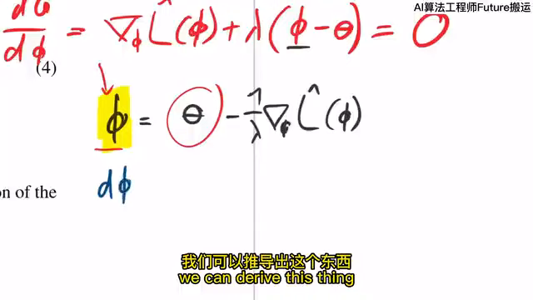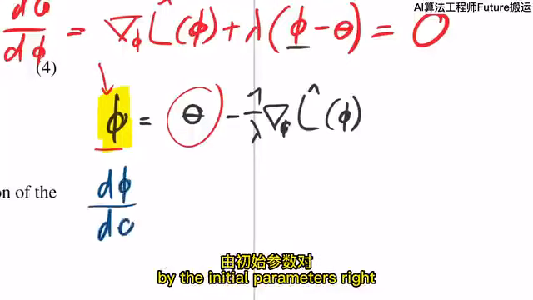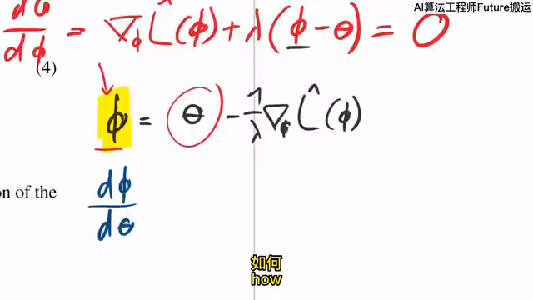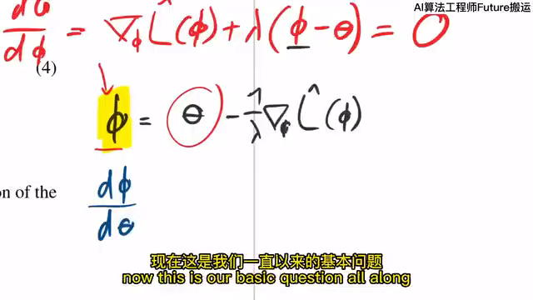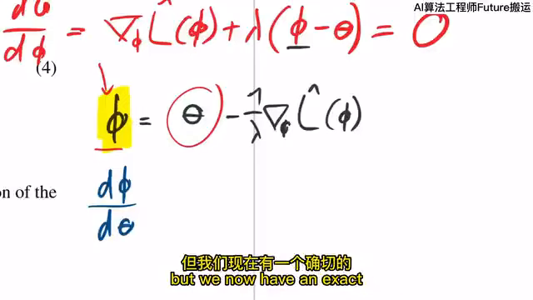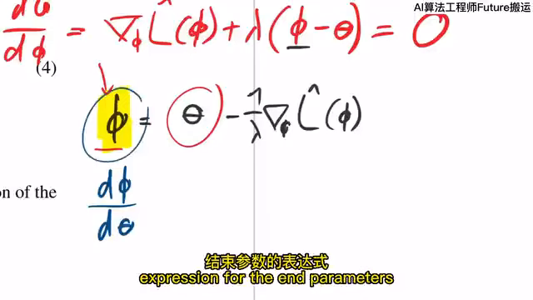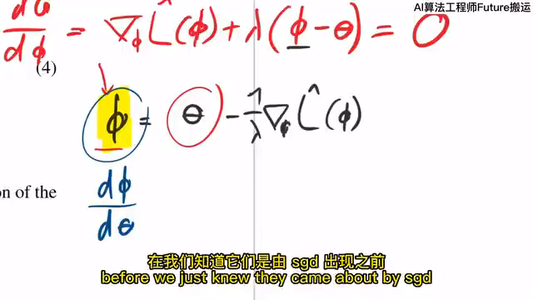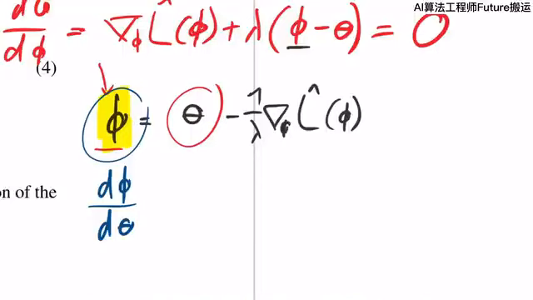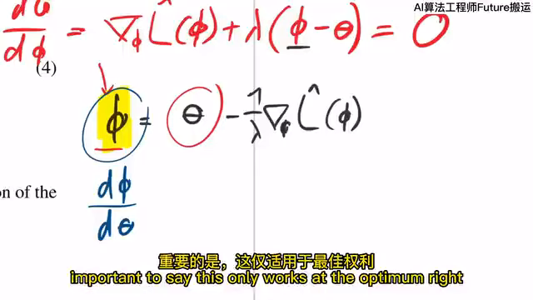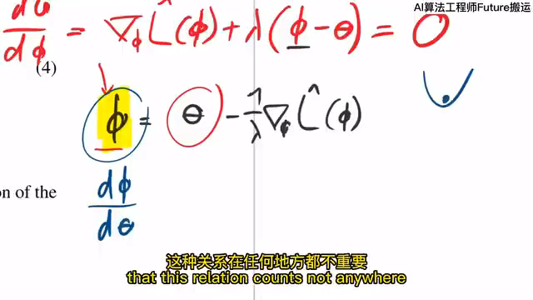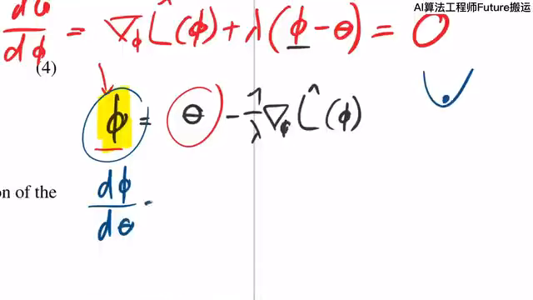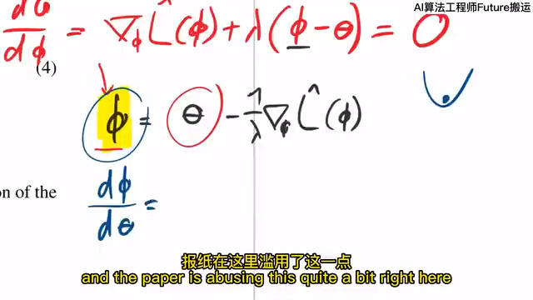How do the inner parameters relate to the initial parameters? This is our basic question all along, but we now have an exact expression for the inner parameters, which we didn't have before. Before, we just knew they came about by SGD. So, important to say, this only works at the optimum, not anywhere. And the paper is abusing this quite a bit right here.